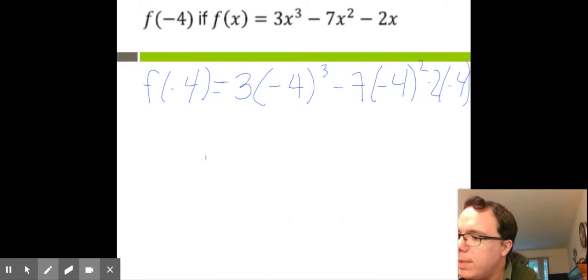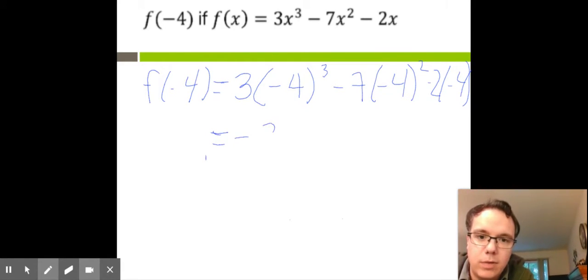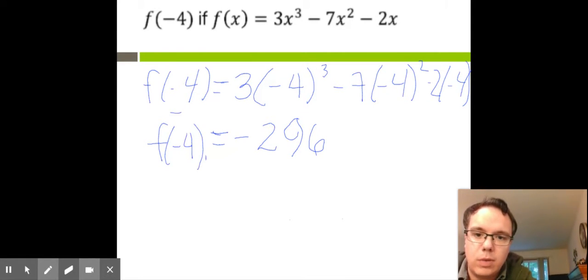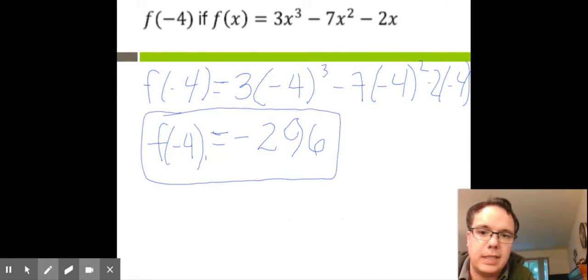So if we put that in a calculator, we are going to get negative 296. So f of negative 4 is negative 296.